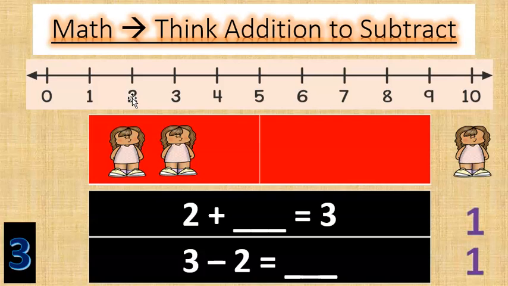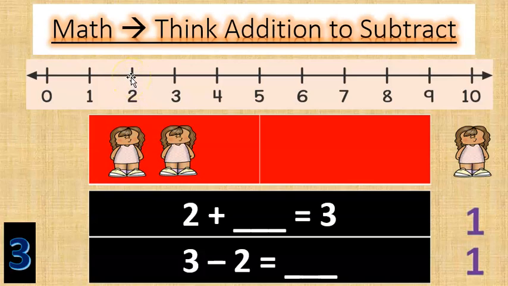So we're going to start right here at this number. What number are we going to end at? 3, okay? Because look, this number is 3. We're going to stop at 3, okay? We're going to start at 2. We have to stop at 3. Then we're going to know how many girls we put in here, okay?